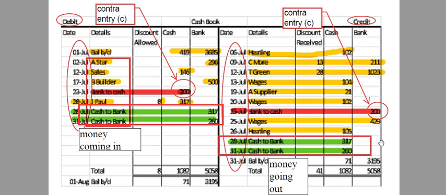Once you have done all the entries in the cash book, the final step is to balance it. The balancing has to be done only in the cash column and bank column. The discount columns will not be balanced.